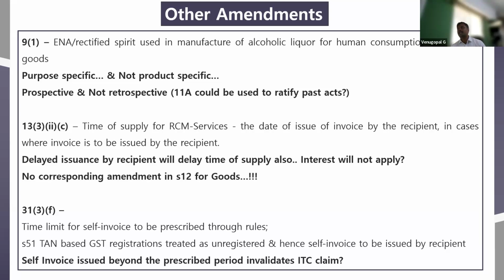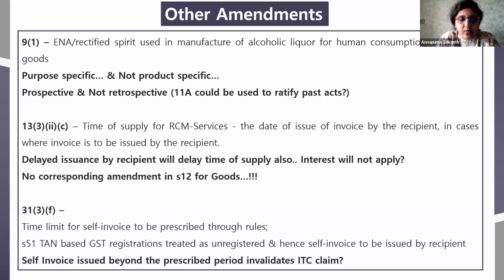So they brought clarity to it. Correct. So 13(3)(f) will prescribe through rules, again, a connecting rule wherein they would say within which period, so by when, the time limit for issuance of self-invoice is provided in 13(3)(f) through a rule.